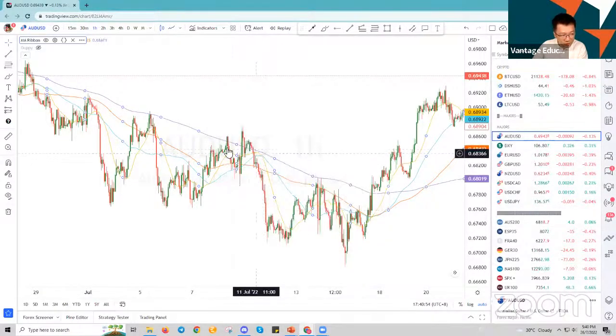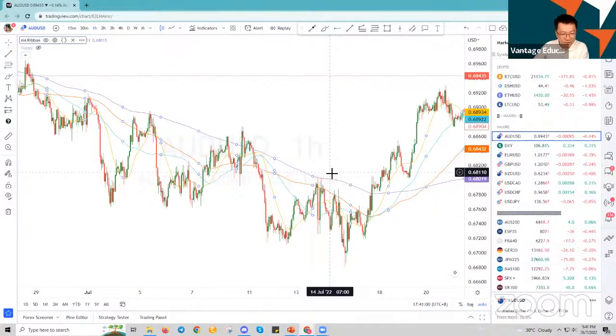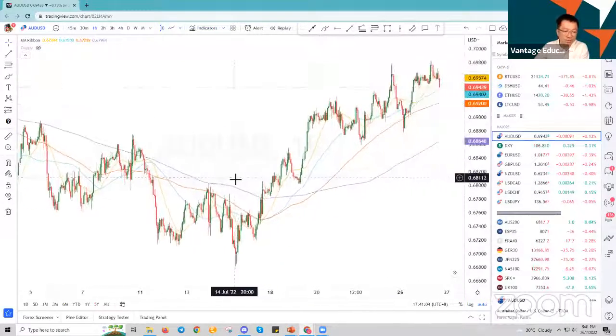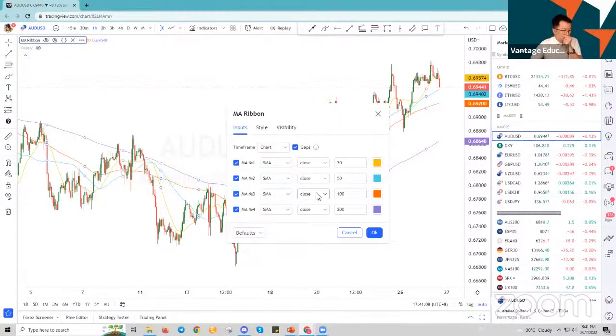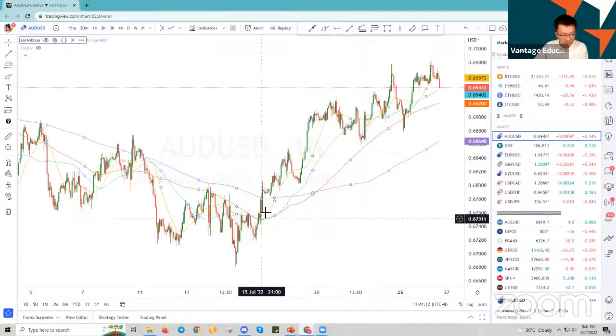You want price to be resisted by the 200 level. And then you also want, as much as possible, all the moving averages to point towards the same direction. In this case, you can see that for a 50 and a 200 crossover, you see a 50 and a 200 crossover there. We want everything pointing towards the upside.